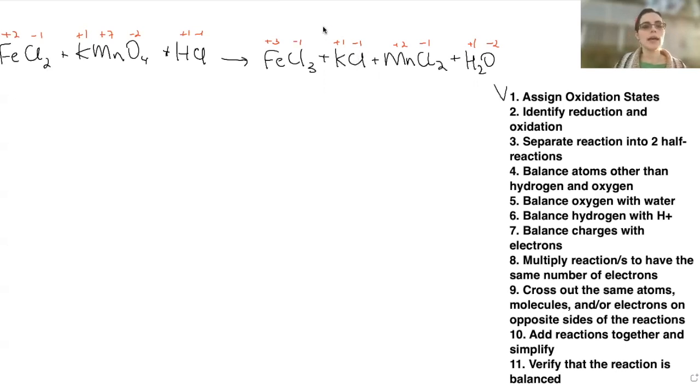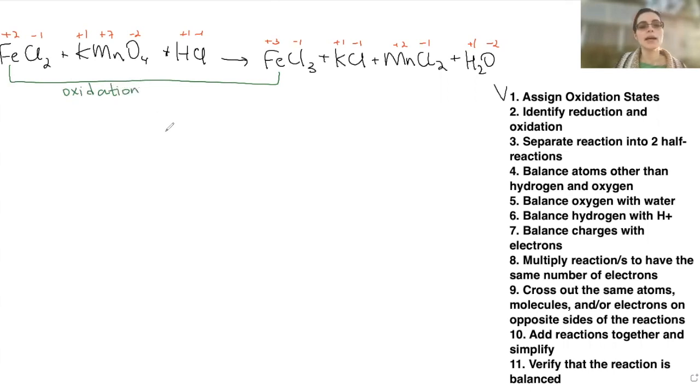But if we look at, for example, iron, it has an oxidation state of +2 on this side, and on the product side, the number is +3. So there was a change there, and our oxidation state increased. And an increase in oxidation state is oxidation, because we are becoming more positive.